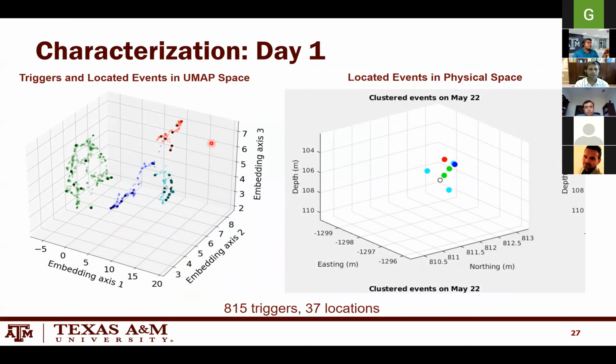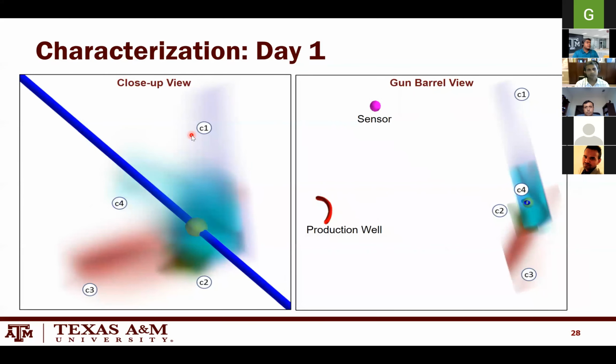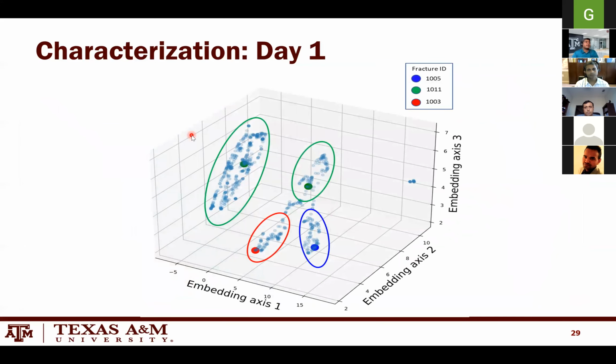And once we see such separations, we then try to figure out what's happening. And the way of validating these groups is looking at these things in the physical world and then trying to relate them with the fracture IDs that were assigned by some other group.